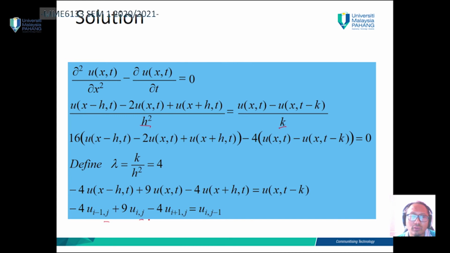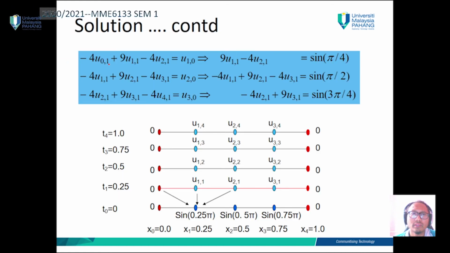So we are going to start with j equal to 1, so that we can use the boundary condition t equal to 0. Using j equal to 1, we can obtain these three equations for the first node, where we get sine pi over 4, the second one sine pi over 2, and the third one sine 3 pi over 4.